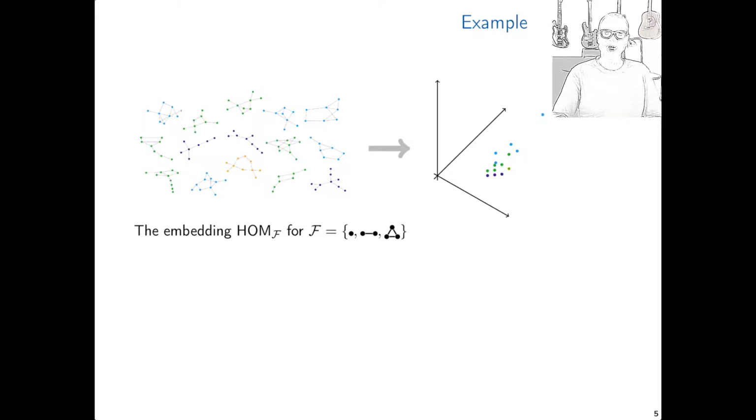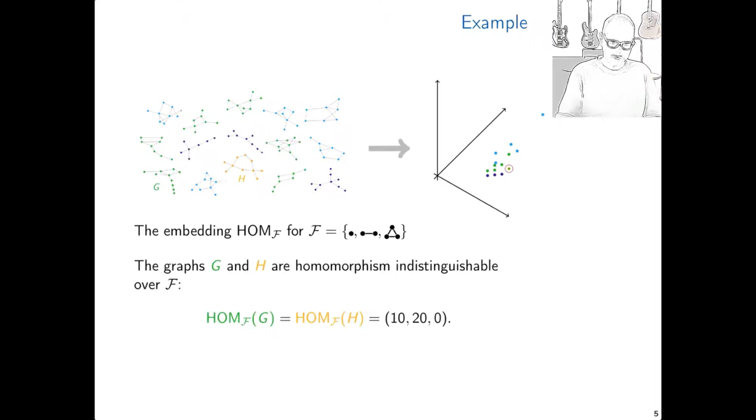So I've illustrated the embedding here, although without giving the scale, so you can't see much. But one thing you can maybe see or figure out is that this and this graph, which I call G and H here, are homomorphism indistinguishable over this class F. They have the same homomorphism vector, which is (10, 20, 0).